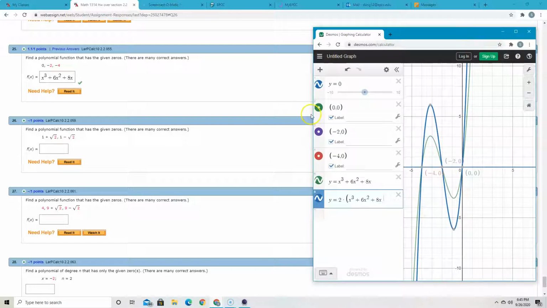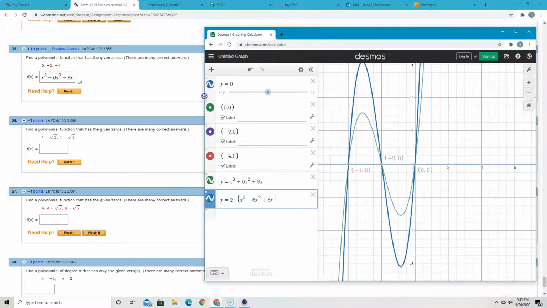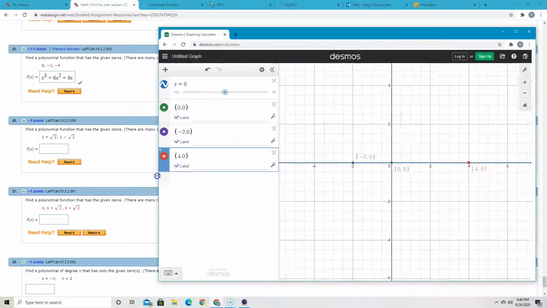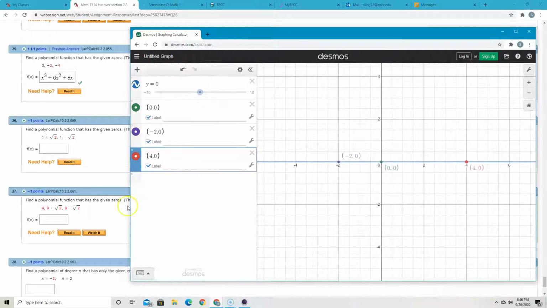So if we go to decimals and do something similar, I still have it here from problem number 25. Now I'm going to change these, of course, and now we have the following zeros. One of them is 4, so I'll change this one from -4 to +4. And see, it moved over here. The other 2 happen to be irrational zeros.